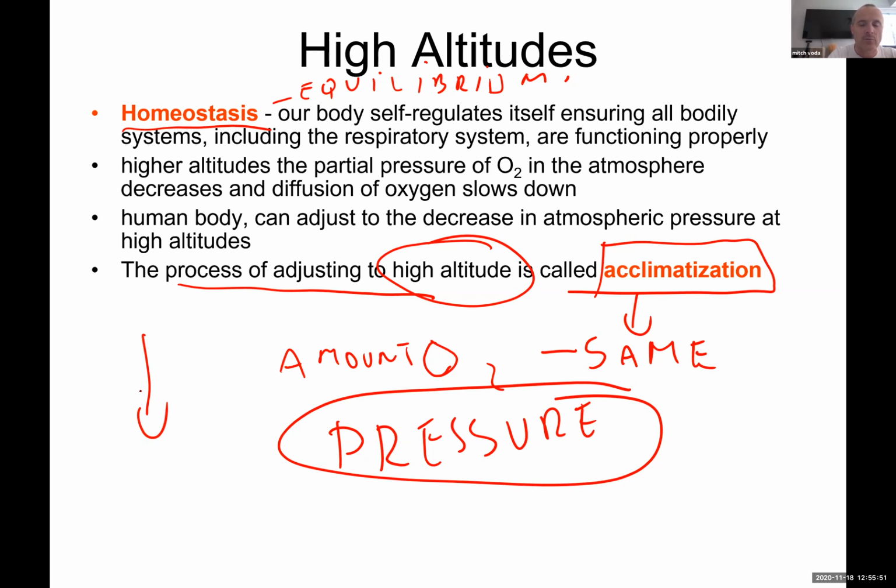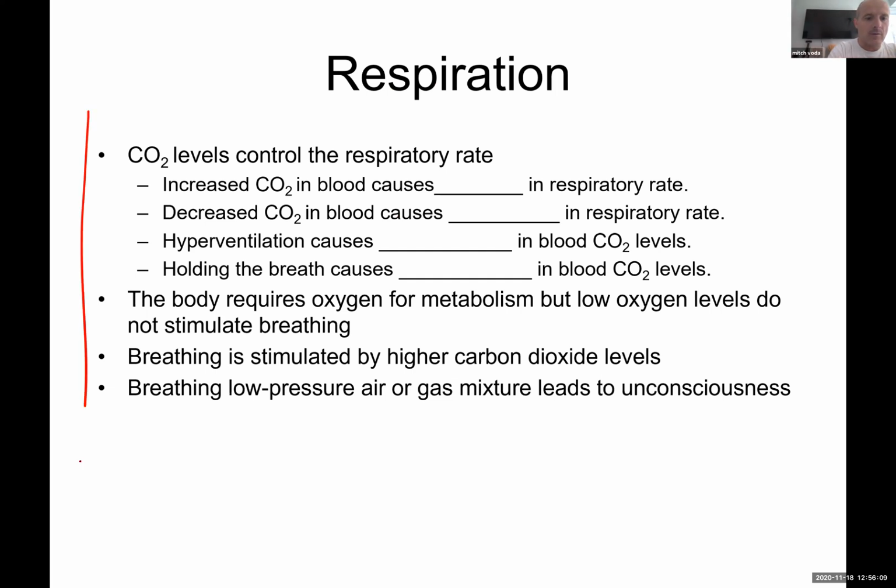So when you go to high altitudes, it takes a few days to acclimatize, where the body will learn that it needs to increase the breathing rate so you can take in the same amount of oxygen. So basically the human body needs to adjust to the atmospheric pressure. Here, you have a couple of questions about respiration.